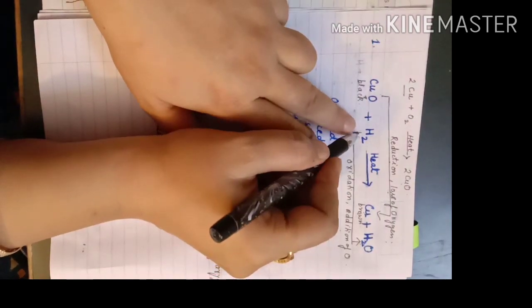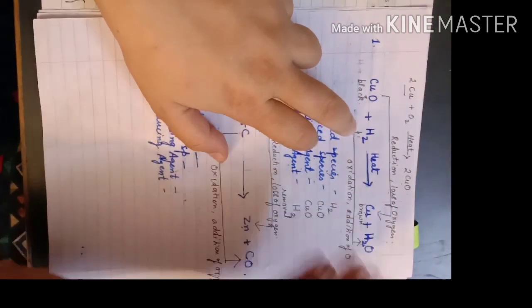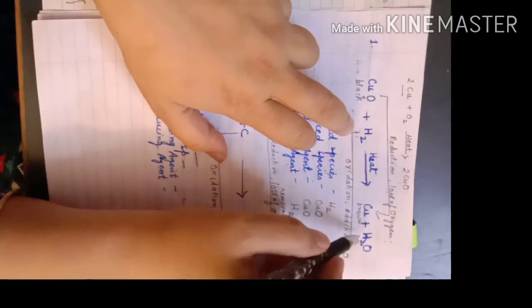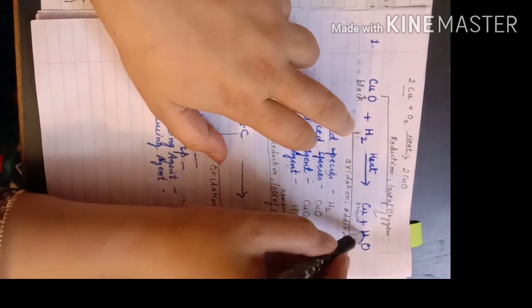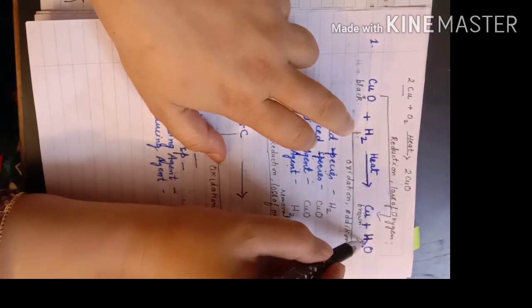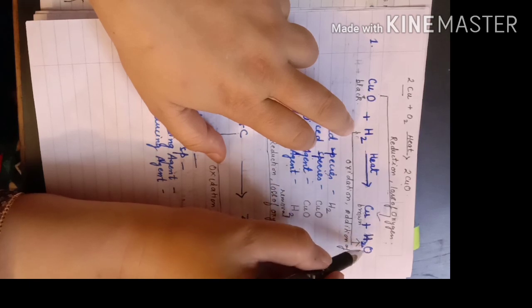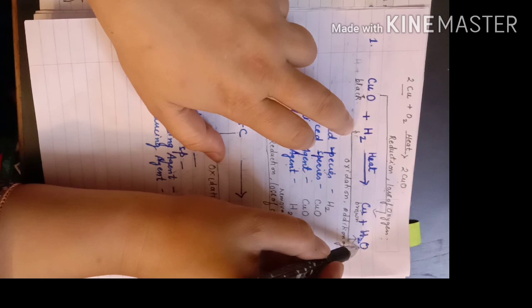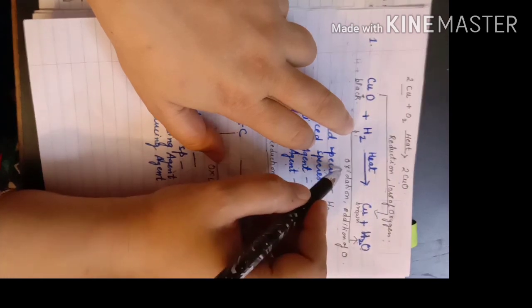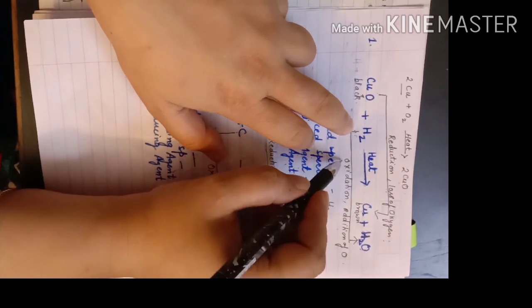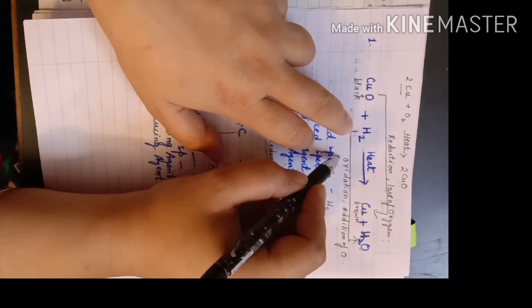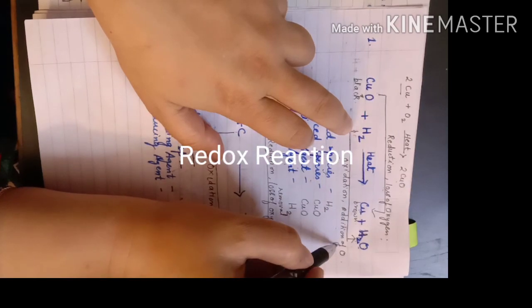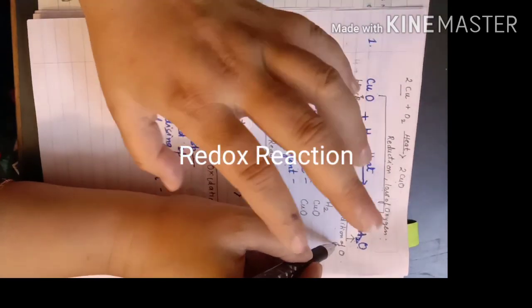If you look at hydrogen, on the product side, just see where the hydrogen element is. Yes, here, H2O. Oxygen is added there. Earlier there was no oxygen, now you are finding oxygen. So what has actually happened here is an oxidation reaction, or addition of oxygen.